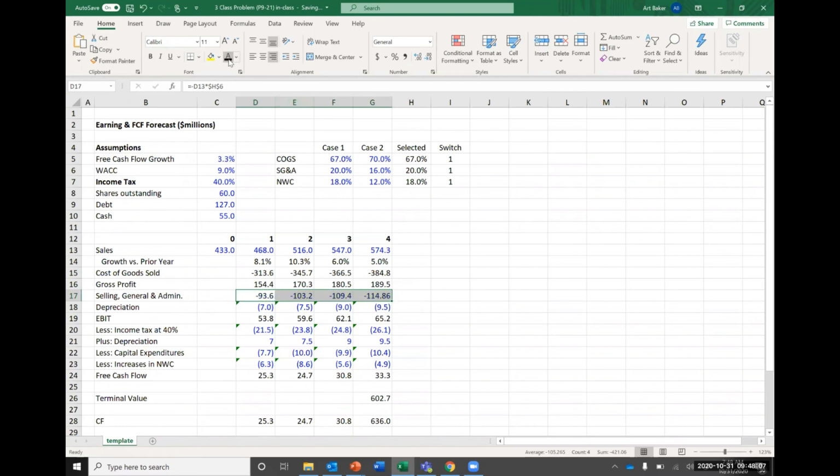And again, all I've done is just replicate the numbers. We have to do the same for tax, because the taxes will change depending on EBIT. So right now I have 21.5 negative. So I'll say minus EBIT multiplied by my tax rate, which is in cell C7. I'll put that in.